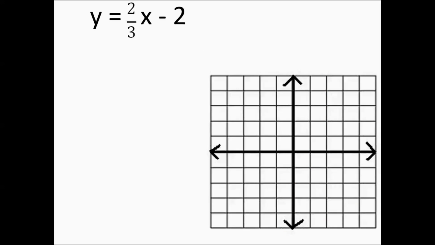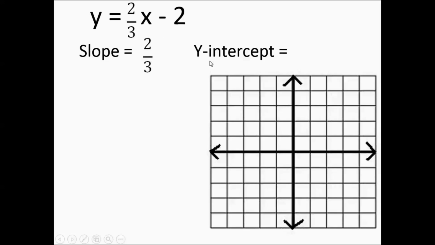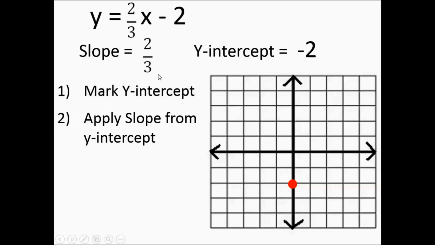So here's another equation. y equals 2/3 x minus 2. We're going to say the slope, well, it's already in fraction form. That makes life easy. And then we're going to say the y-intercept is -2. So here we're going to find the y-intercept. Hey, it's -2. Bam, there it is. Now on this one the slope is going to be 2 over 3.